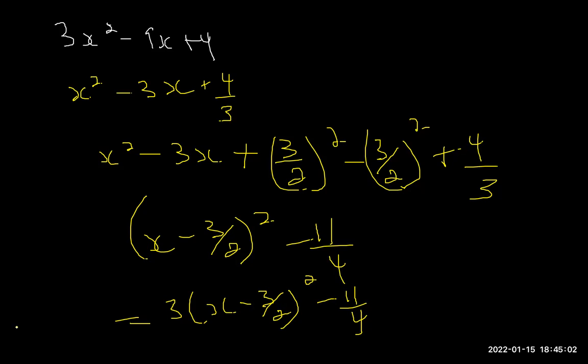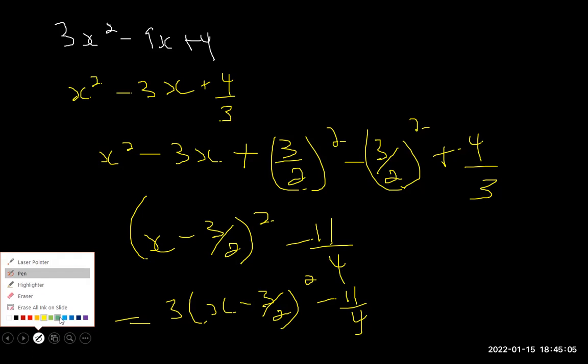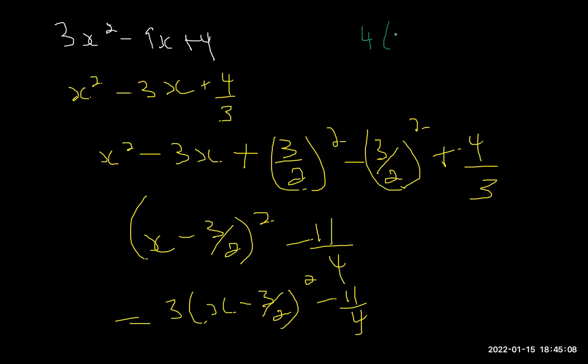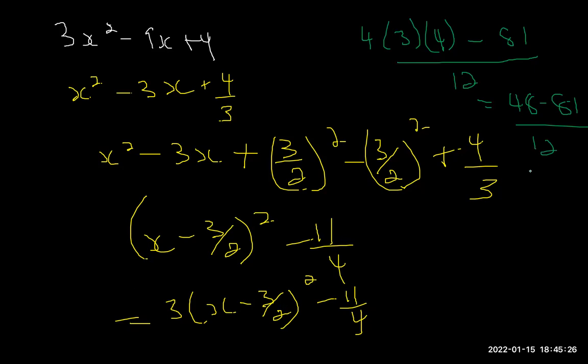Hold on. Interesting. K was 4, a is 3, c is 4, minus b squared. So b squared is going to get 81 on 4a, which is 12. 4 times 4 is 16, times 3 is 48. 48 minus 81 over 12. That's minus 33 over 12. I'm getting minus 11 on top.